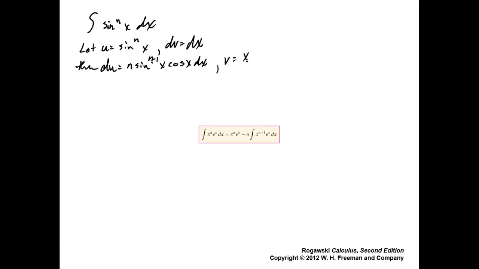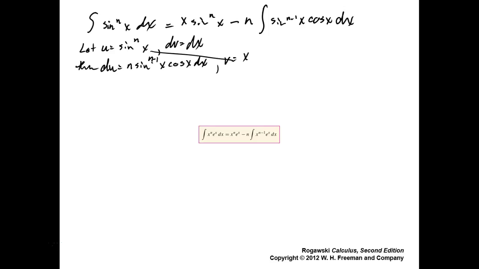Okay? Do your uv, so this would be equal to x sine to the nth x minus n times the integral of sine n minus 1 x cosine x dx, right?